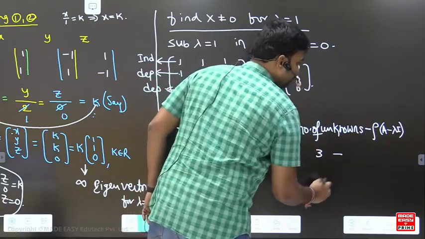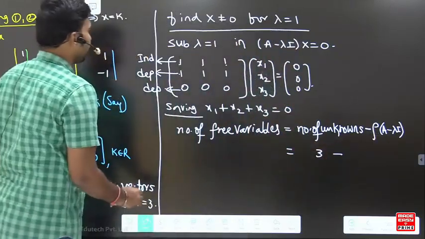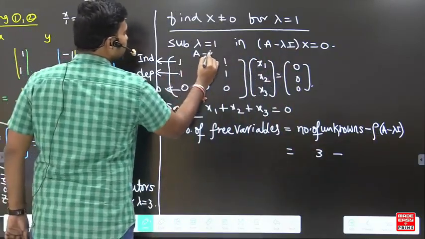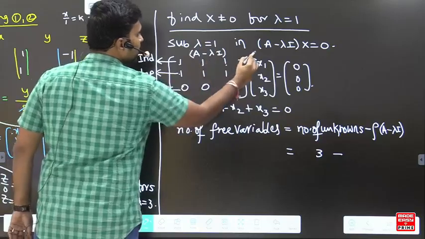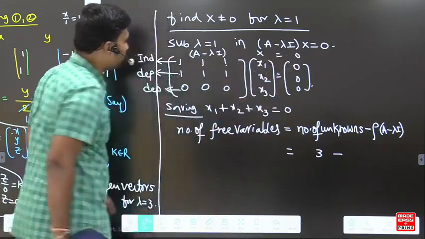So 3 minus rank of A minus lambda I. This is A minus lambda I into x equal to 0.